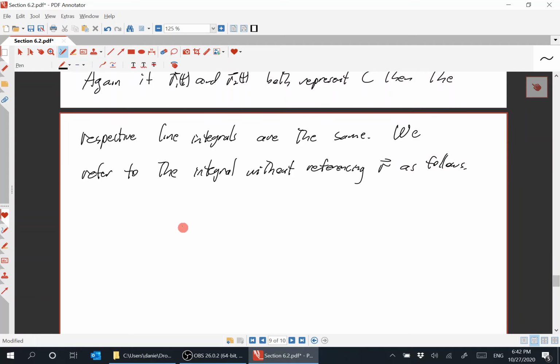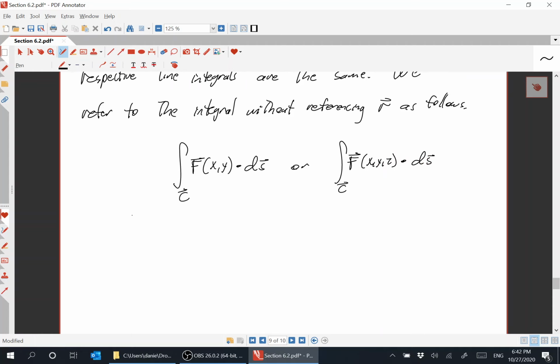It's just the line integral over the directed curve C, F of x, y dot ds, or for a three-variable function, F of x, y, z dot ds, like that. Okay, so the ds is like the r prime of t dt, and it's a dot product, not ordinary multiplication.